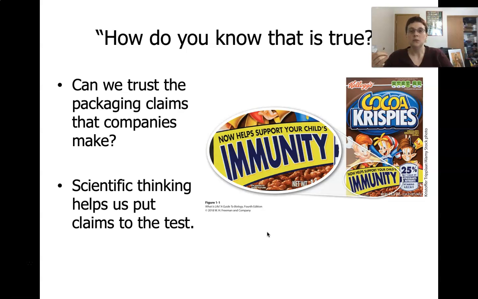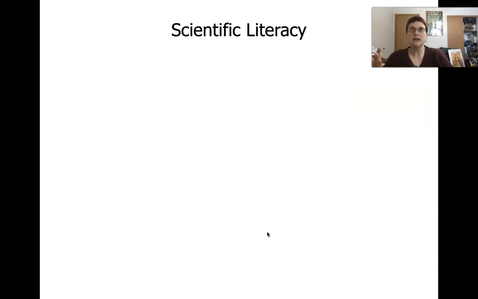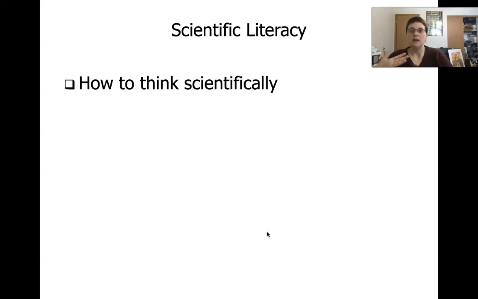So this is where scientific literacy comes in. So what is scientific literacy? Basically, it's how to think scientifically. So when you see a claim, like it boosts your immunity, you can think, well, why are they saying that? What is it that may change my immunity? It's not like they can put a vaccine in that cereal.